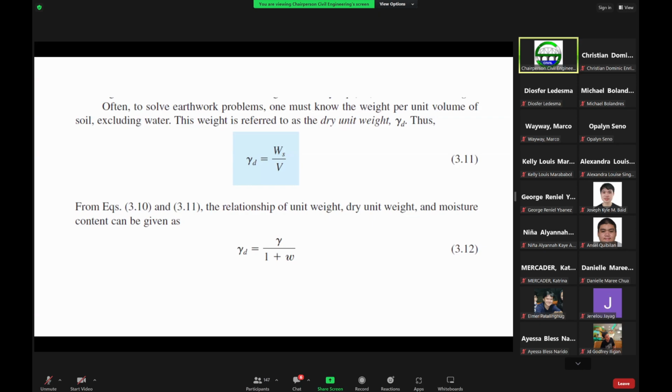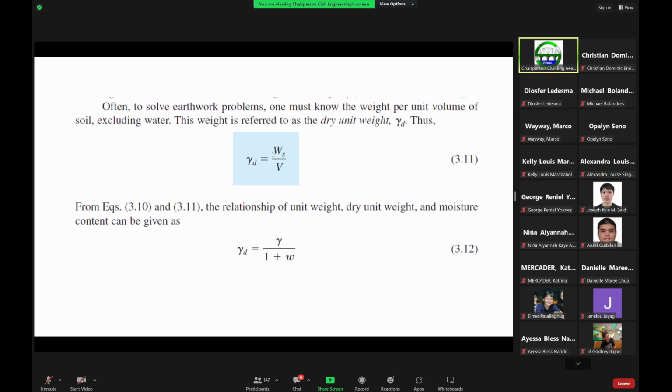This weight is referred to as the dry unit weight, that is gamma sub d. So in equation form, the dry unit weight is equal to just the weight of the soil solids divided by the total volume. That's excluding the water.